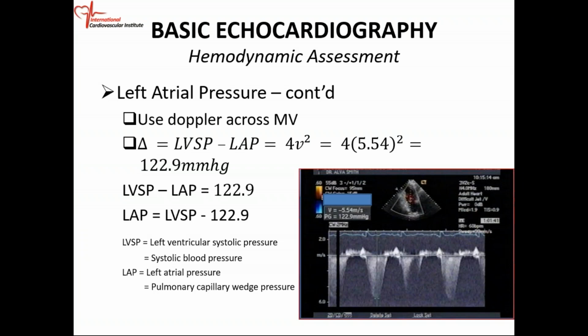Therefore, the pressure has to be very high to overcome the normal phenomenon, which is forward blood flow. So if blood is going to flow in the opposite direction, the left atrial pressure is usually elevated. So this is a very important number to calculate or to have, because it gives you clinical information.